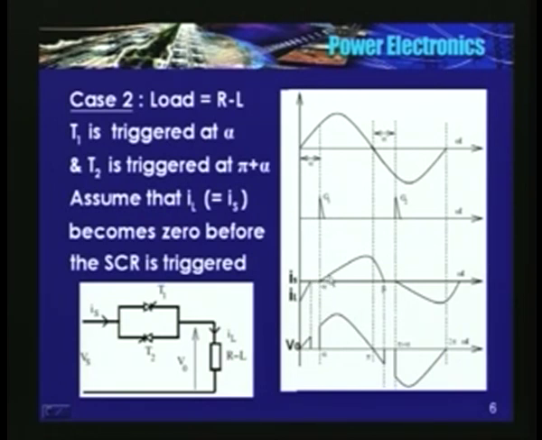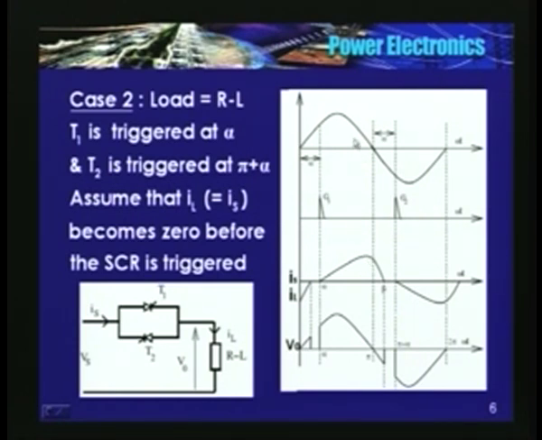It starts from 0, it attains a peak somewhere in between pi by 2 to pi. It attains a peak when instantaneous value of the input voltage is equal to R into I. When I is equal to I max, L di by dt is 0.